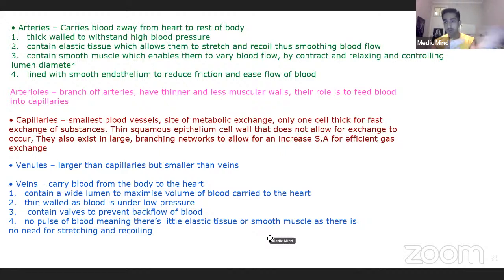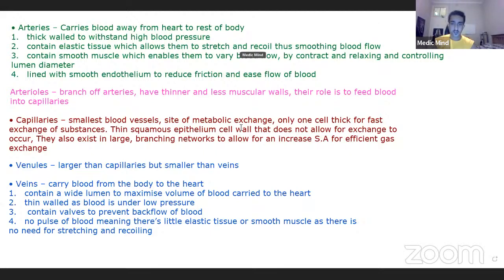Yeah, all of you are probably able to feel it. That's basically the blood flowing through it at high pressure. So stretch, recoil, stretch, recoil, stretch, recoil. And that's what pulse is. In a vein, you don't get pulse because there doesn't need to be stretch and recoil because the pressure is so low. So what I mean is pulse pressure, which is basically the idea that there is no pulse pressure.